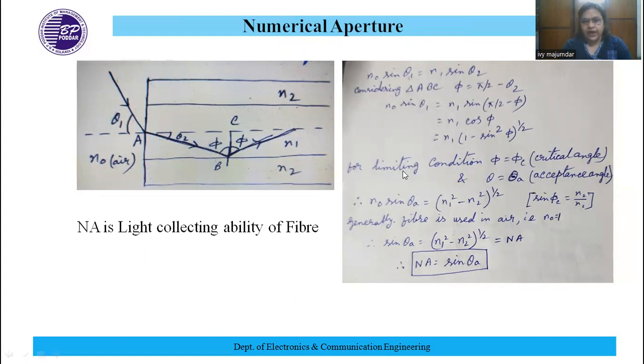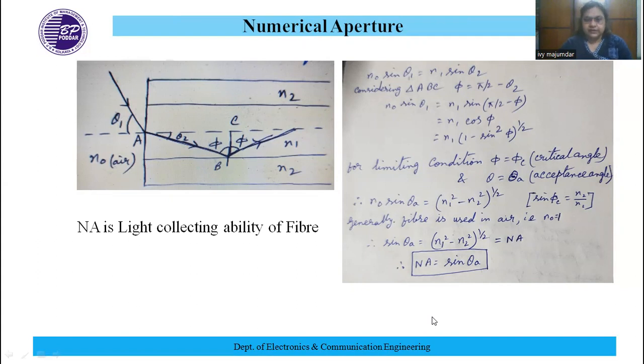Hence, we can write n0 sin theta a is equal to (n1 square minus n2 square) to the power half. Now, generally fiber is used in air, that means n0 equals 1. So, we can write sin theta a is equal to (n1 square minus n2 square) to the power half. That is our numerical aperture. So, numerical aperture can be defined mathematically as the sine of the acceptance angle.